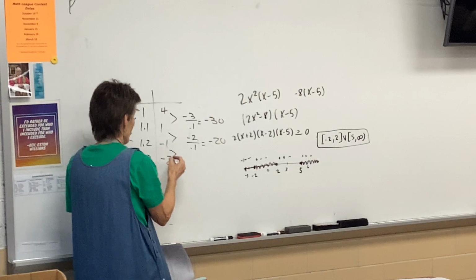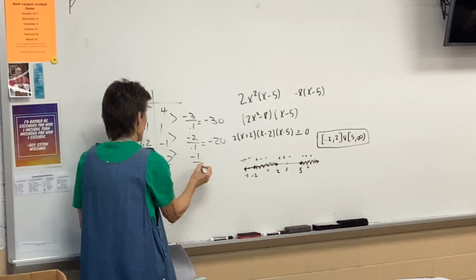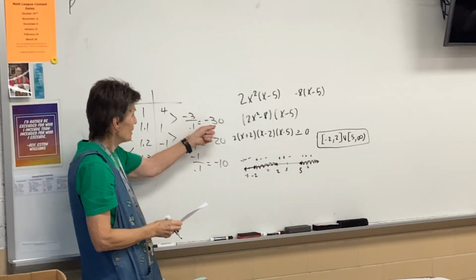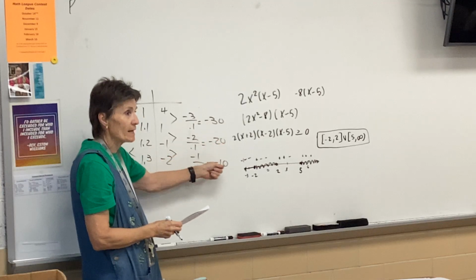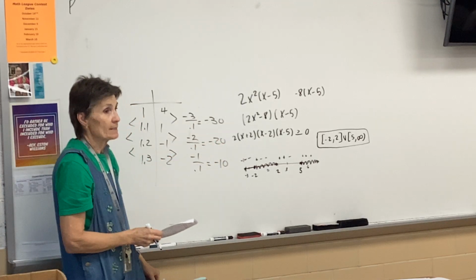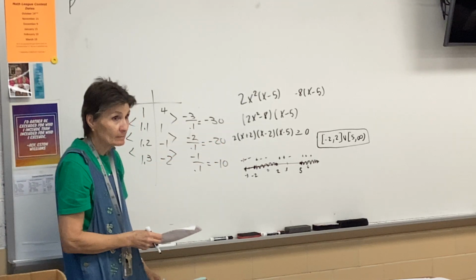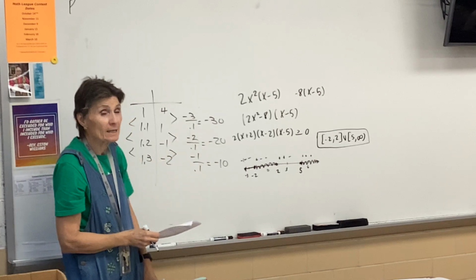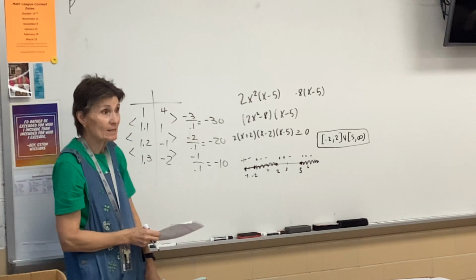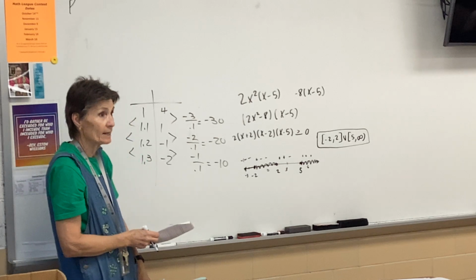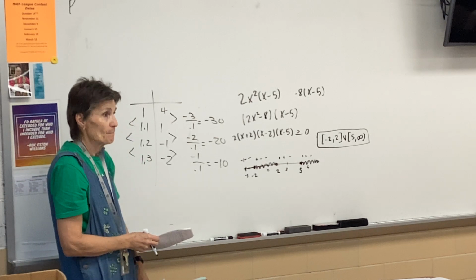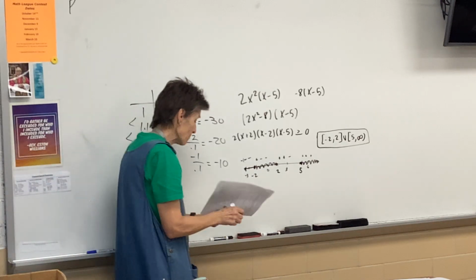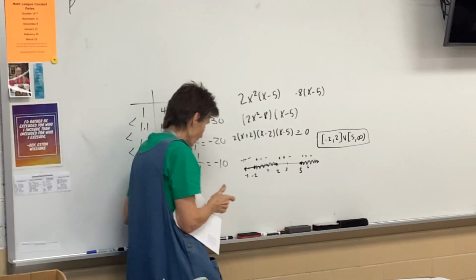And my last one would be -1 over 0.1 or -10. What is happening to the average rate of change? It's increasing. Aren't these numbers getting bigger? And if your rate of change is increasing, then you are concave up. Concave up. All right, do the same thing with the other 2 charts, and let's see what we can come up with.